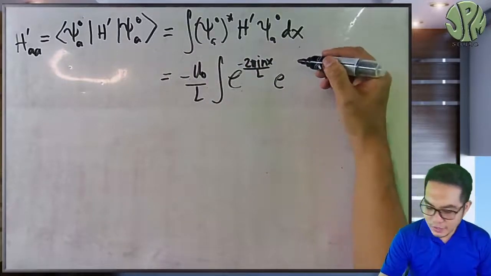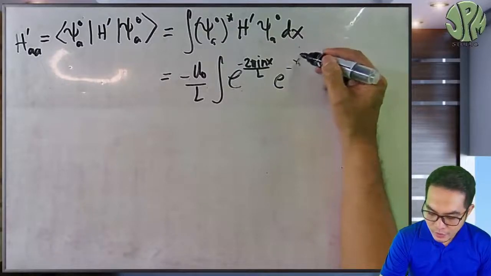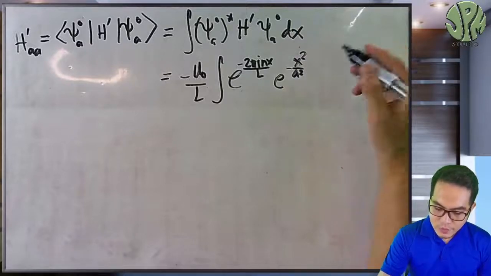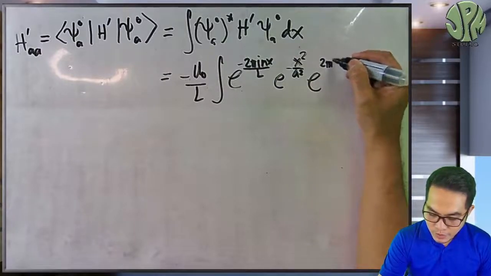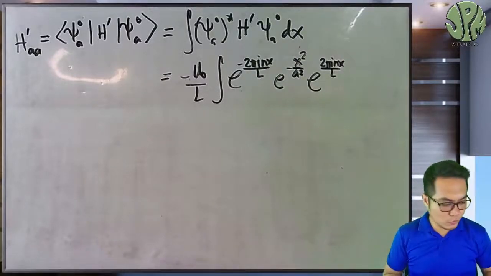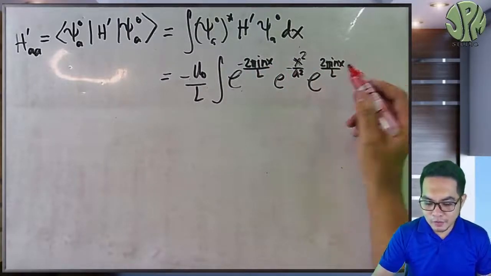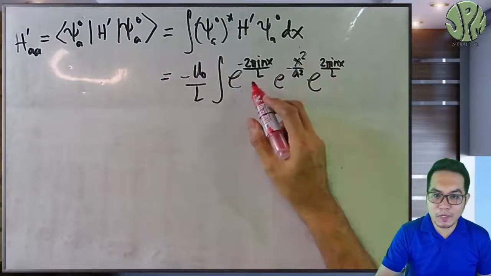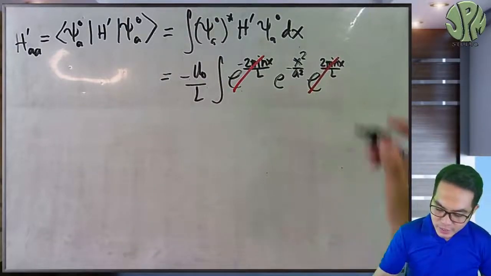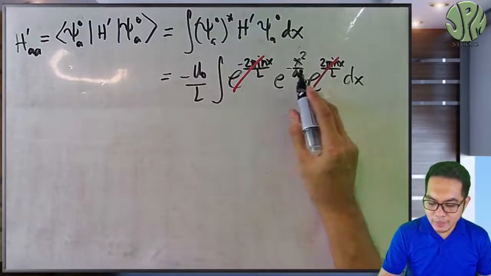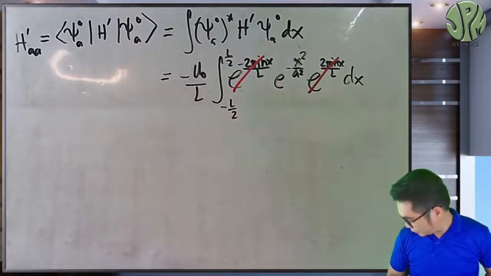And then you get the perturbation, which is e to the negative x squared over a squared. And then for psi A 0, the original psi A 0 is e to the 2 pi i n x over L. Now these two exponentials, you have e to the negative i theta times e to the i theta, you multiply the two, you will get e to the 0, or 1. So basically, you just have to solve this integral, e to the negative x squared over a squared dx, from negative L over 2 to positive L over 2.